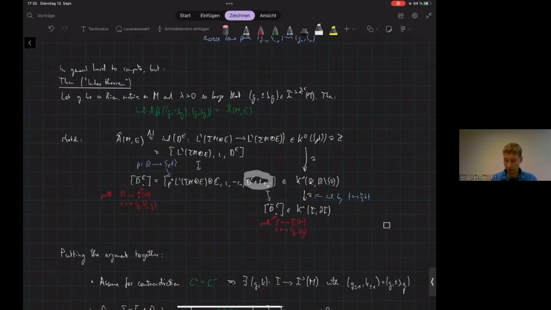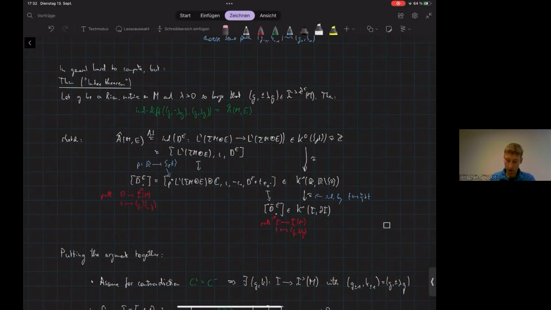Namely, now we get a path of operators here, and it's parameterized over T, well, we add this other additional symmetry here. Well, and when you look at this, then you see that we've almost proved the thing. We just need to slightly rescale a bit.